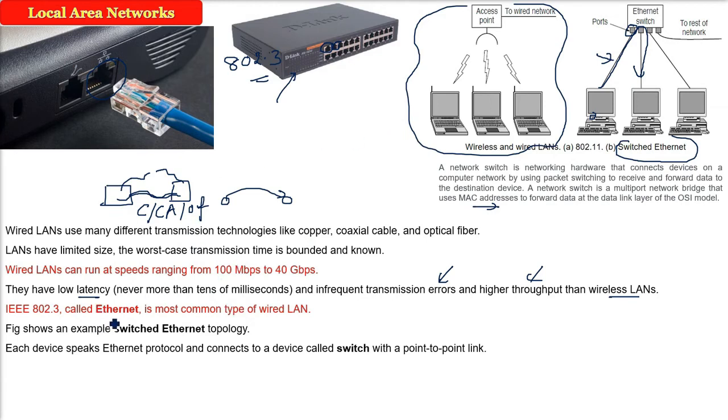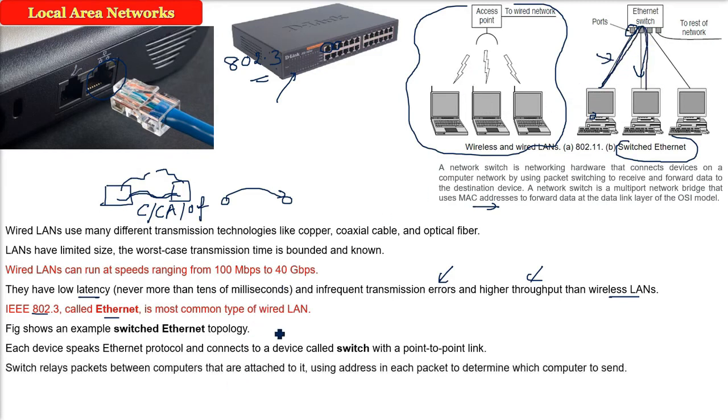So we are talking about a switch. Whenever you see 802.3, we are talking about a switch. Each switch is responsible for knowing the address and sending the data to the proper address. Each device speaks the Ethernet protocol here, and connects to the switch with a point-to-point link.